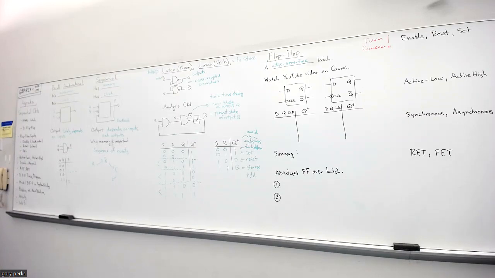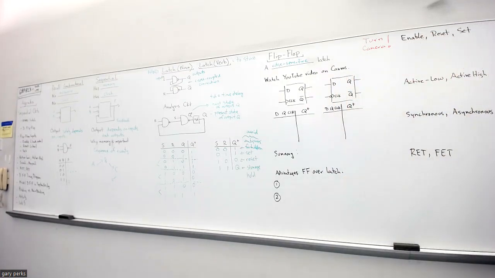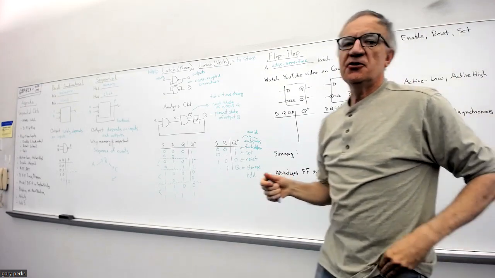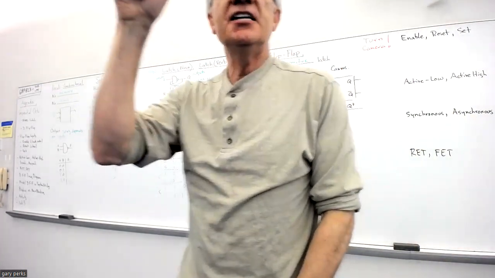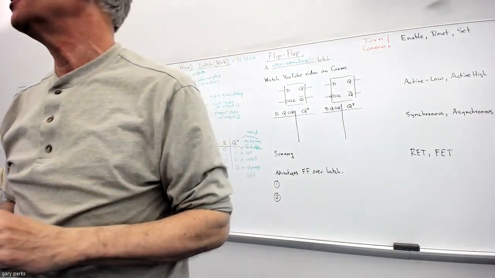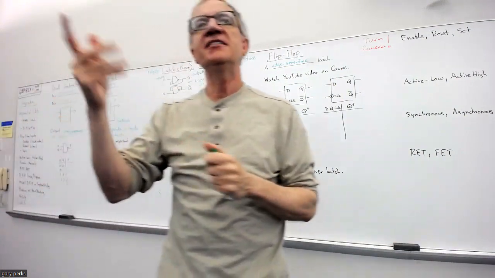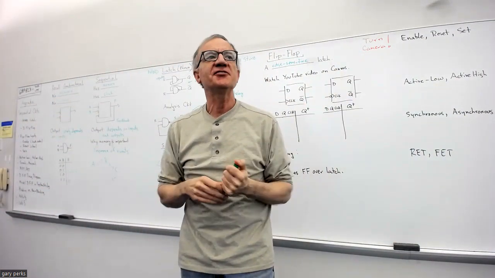Now, on Canvas, under this meeting 11, I put a YouTube video. And it's a really good YouTube video. It steps through and shows you why that logic circuitry gives you the truth table that I'm about to give you. And it explains what edge sensitivity is, and I'm going to explain that also.